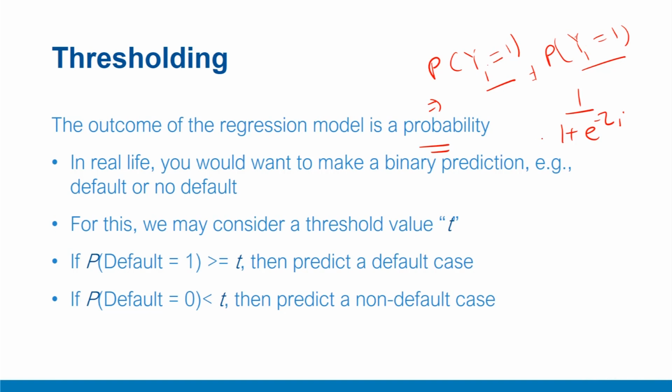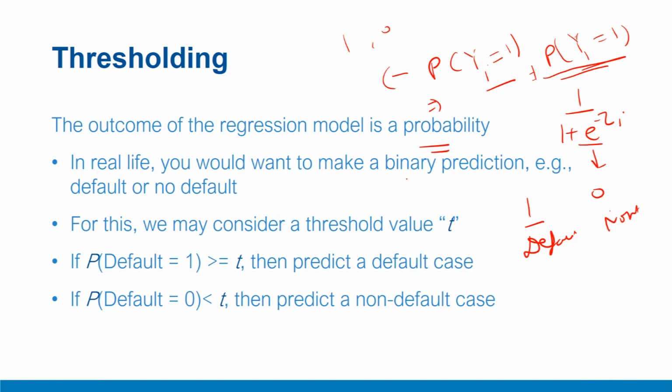Now in real life, you would not only want to make predictions about probabilities, but actually what you observe is ones and zeros. For example, 1 may be a defaulter and 0 may be a non-defaulter. So you would like to convert your estimated probabilities using logit, or even if it is a probit or any such model, into cases of ones and zeros.